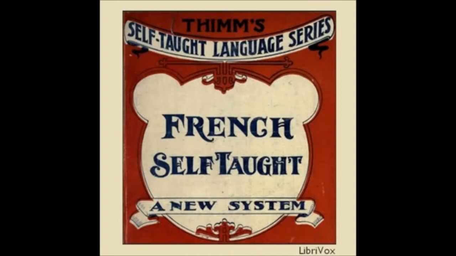1. The universe. God, Dieu. The world, le monde. The sky, le ciel. The sun, le soleil. The moon, la lune. A star, une étoile. The air, l'air.